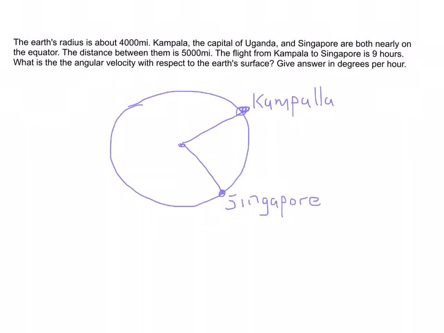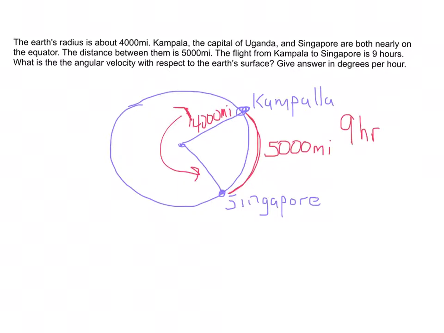And we know this distance here is 5,000 miles. And of course, the radius of the Earth is 4,000 miles. So both of these are the same. Now it says the trip takes 9 hours to get from between these two places.